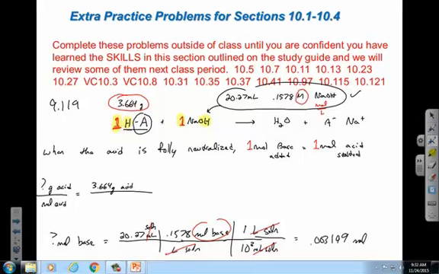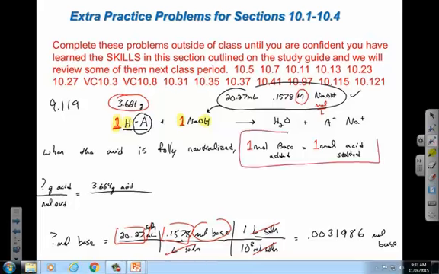I'm limited by these two numbers to 4 sig figs, so I've got 1, 2, 3, 4. I should probably write that with 5 because I only want to round at the very end. Because of this relationship, that is also equal to the moles of acid.